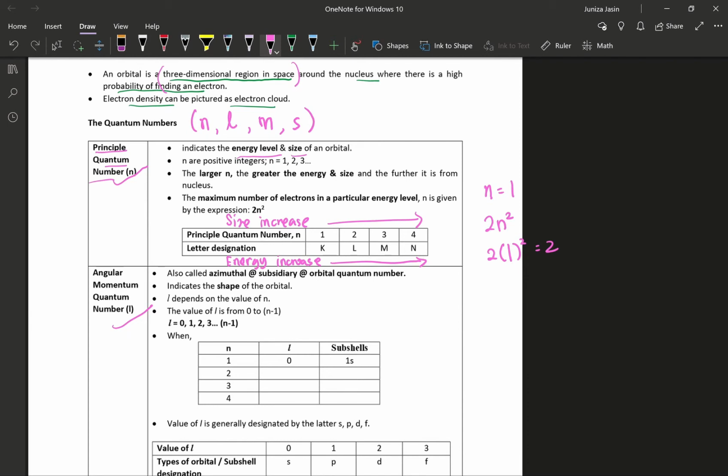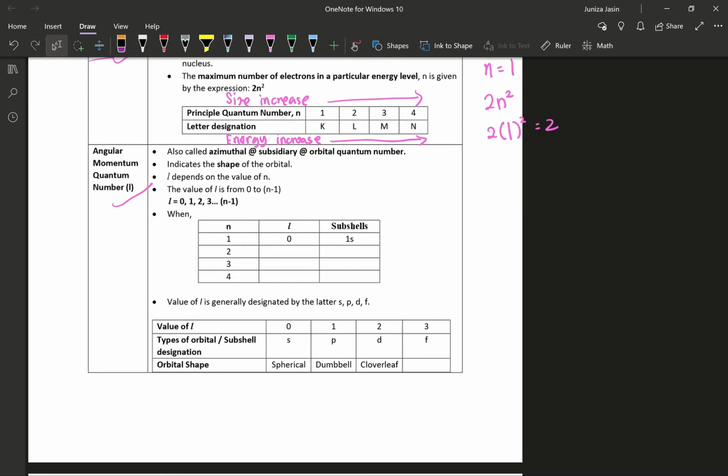Okay, so next one, we will go to L, angular momentum quantum number. Okay, so angular momentum quantum number ada banyak nama. Instead of panggil dia angular momentum quantum number, you can also call it as azimuthal quantum number or subsidiary quantum number or orbital quantum number.